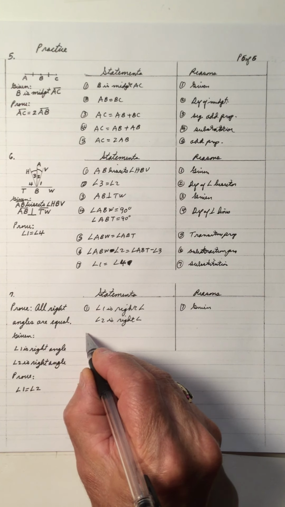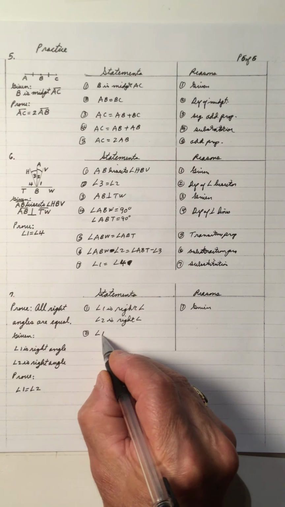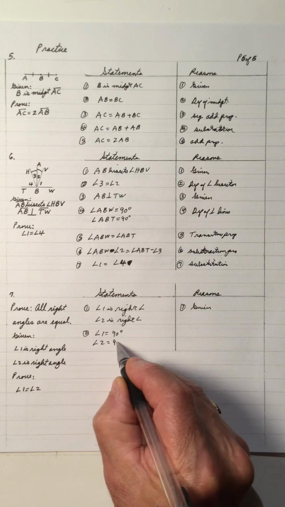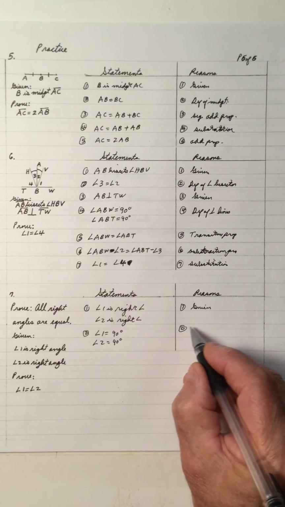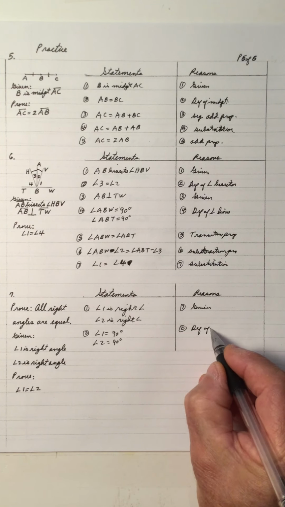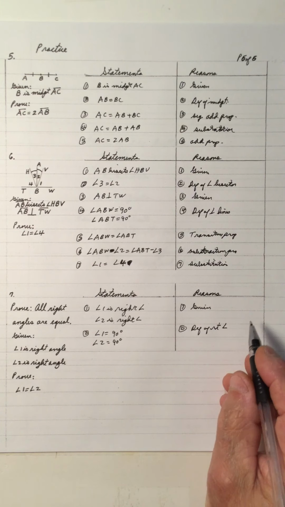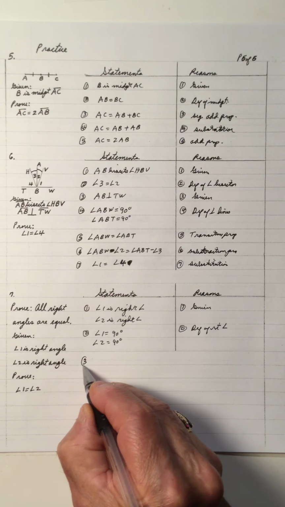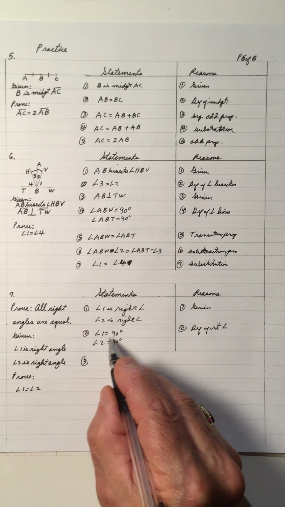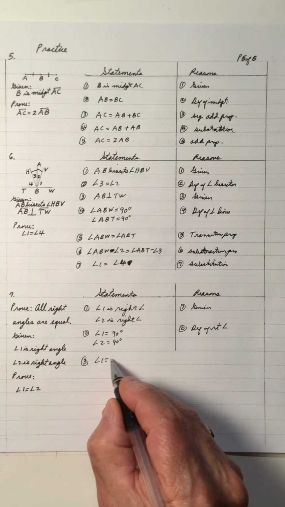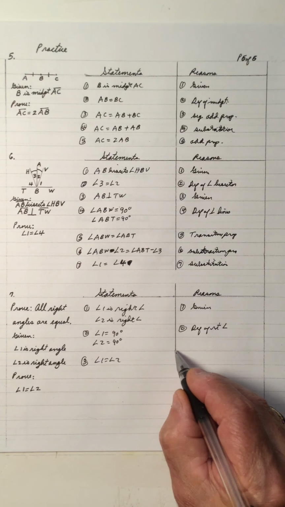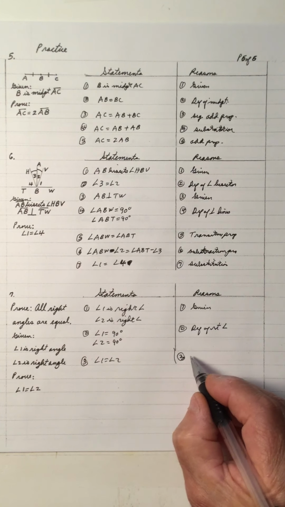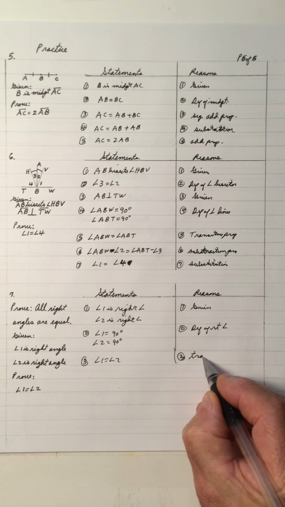So because they're right angles, that means that angle 1 is equal to 90 degrees, and angle 2 is equal to 90 degrees. And the reason for that is the definition of a right angle, because a right angle is equal to 90 degrees. And since angle 1 is 90 and angle 2 is 90, angle 1 is equal to angle 2 by transitive property, since they're both equal to 90.